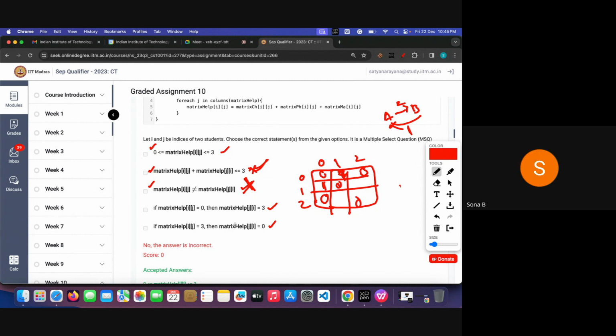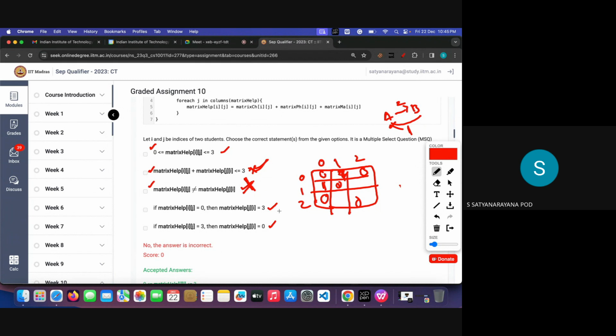D is false. I don't know why. Sir, I was thinking D is false because consider this case, sir. If I help J in none of the subjects, then it's 0. Suppose J also does not help any students, then it will also be 0 in some cases. So in some cases it's okay, but I'm talking about I to J being 0.